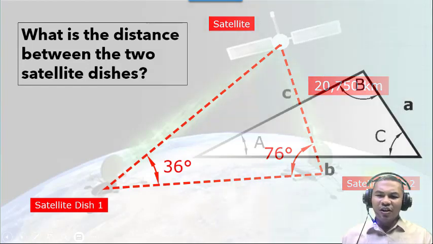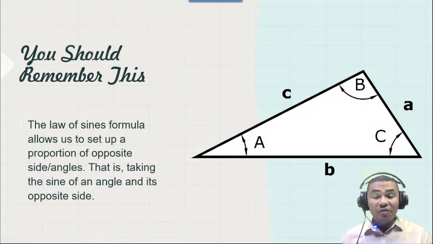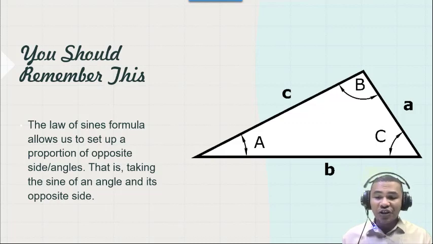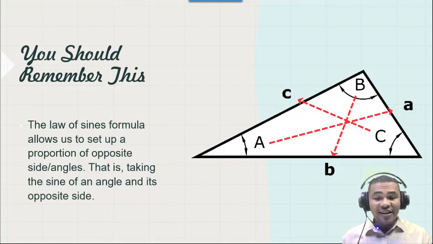What is the law of sines? The law of sines formula allows us to set up a proportion of opposite sides and angles. That is, taking the sine of an angle and its opposite side. Still confused? Don't worry. As we go on with our lesson, we will be able to understand what this law of sines is all about.